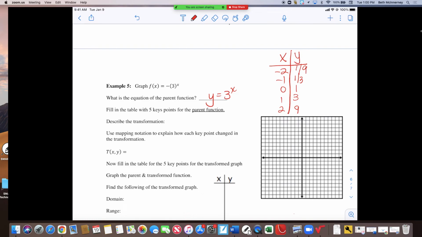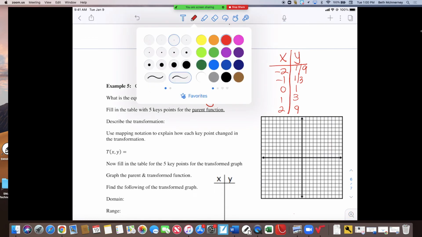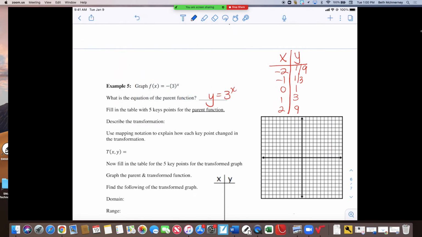All right, so what's my transformation? There's only one here. Good job. There's a negative out front, so that's a reflection over the x-axis. So that means my mapping notation is (x, -y).